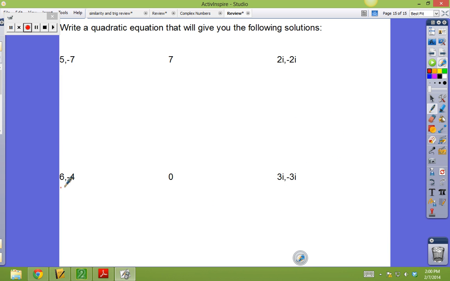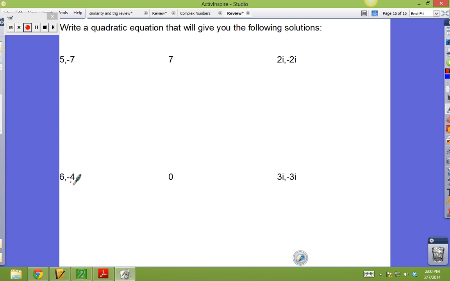What about 6 and a minus 4? If your answers are 6 and a minus 4, x minus 6, x plus 4. So it's got to be x squared plus 4x.